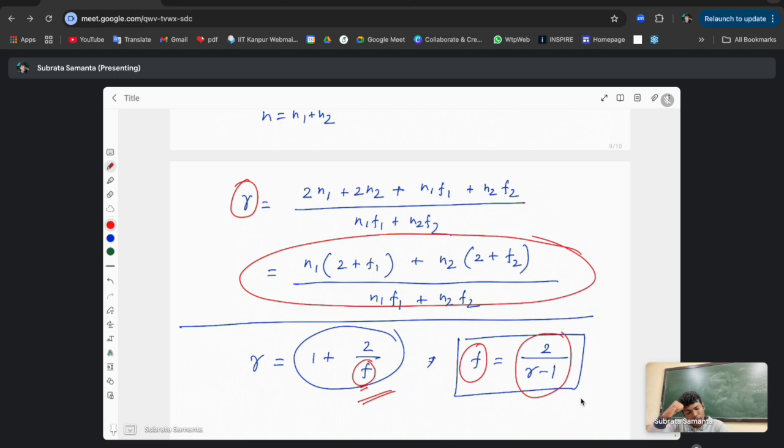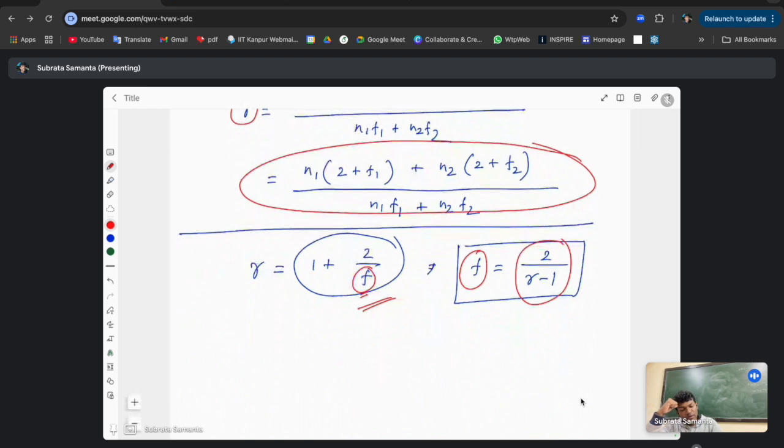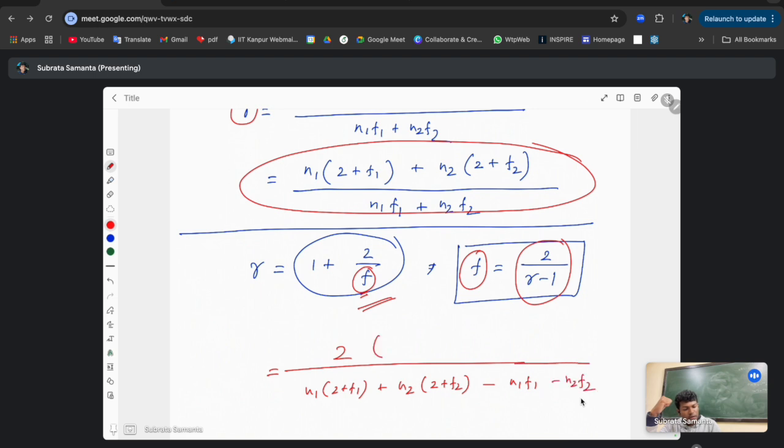N1 f1 and n2 f2. Let's just check. Just calculate 2 by gamma minus 1. What is gamma? It is n1 by 2 plus f1, and plus n2 by 2 plus f2, minus n1 f1 and minus n2 f2, and in the numerator it is n1 f1 and n2 f2.